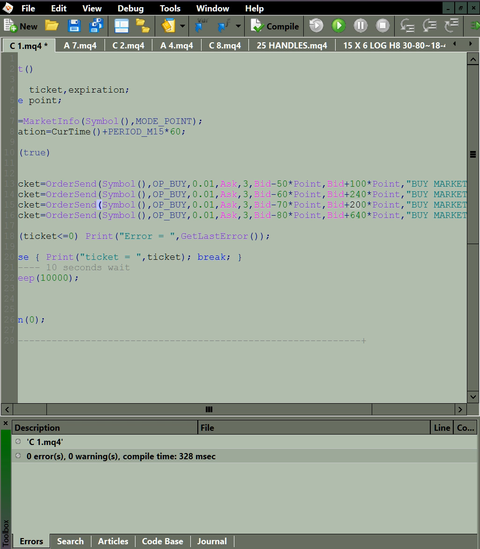I'm sorry, there's only 3 tickets. He wants to open 4 trades, but he's only got. Okay, well, let's just give a 6 to 1 ratio. 6 times 4 is 24. Okay, I guess I screwed that up.